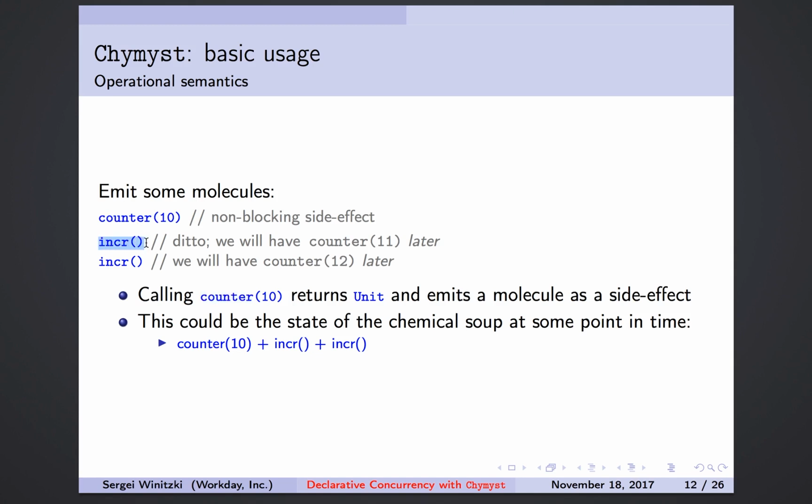These are also non-blocking calls to the emitter that emit copies of the molecule into the soup. They return very quickly. So the initial state of the soup after this would be that, and then reactions will start. Incr and counter 10 will react and give you counter 11, and then another incr that's still there will react with counter 11 and give you counter 12 a little later.